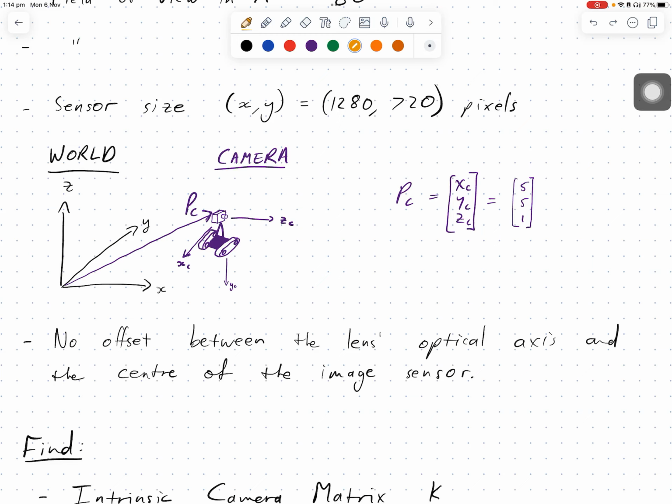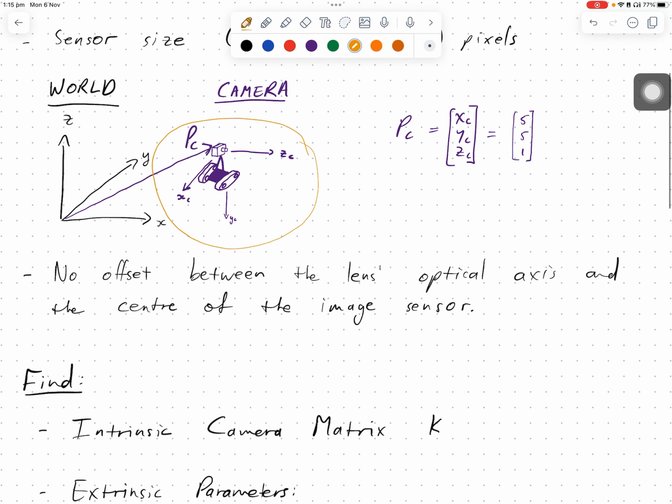And if we look at some of the axes that have been drawn around the camera here, we can see that the camera's frame is not exactly the same as the world's frame in terms of what is considered X, Y, and Z. So we'll take that into account as well. And then finally, we've got a note saying that there's no offset between the lens's optical axis and the center of the image sensor. So we'll dig into that a little bit too.